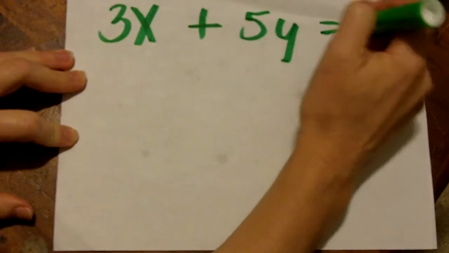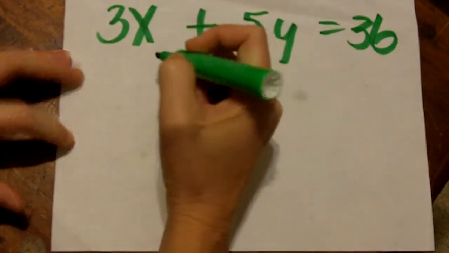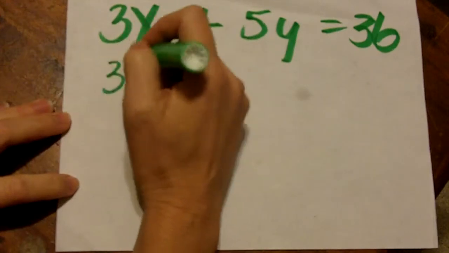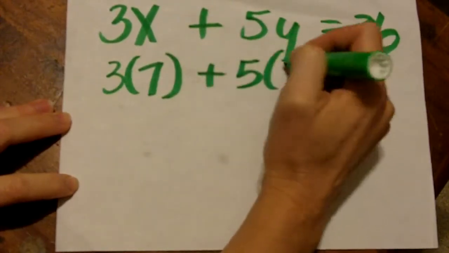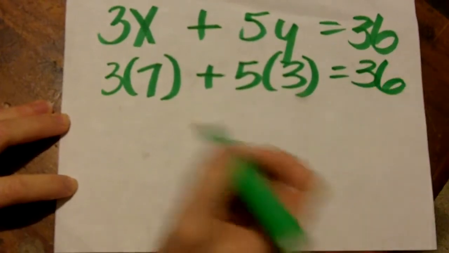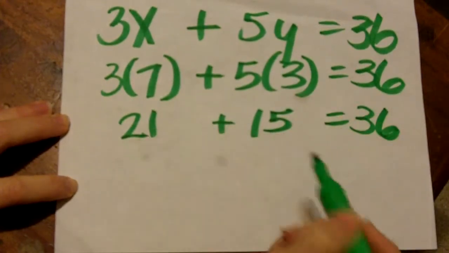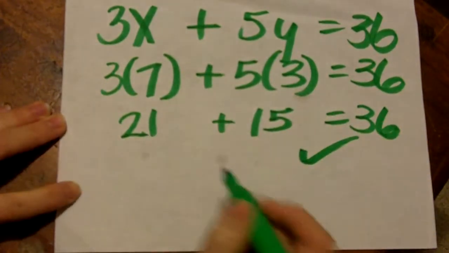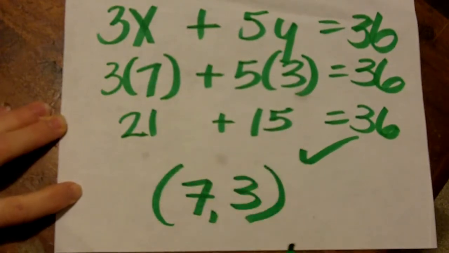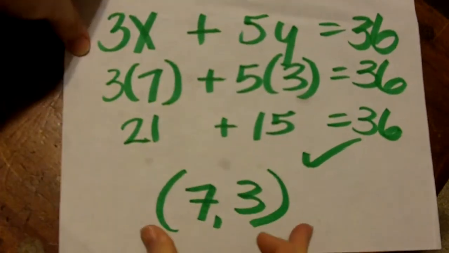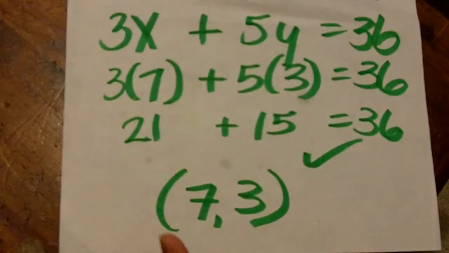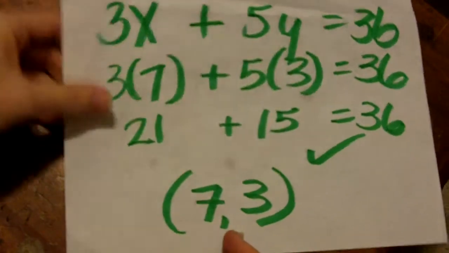If I substitute 7 for x and 3 for y, I have 21 plus 15 equals 36. 21 plus 15 does equal 36, so I know I'm correct. Therefore, I have found my answer, which is 7, 3. So you do have to go through more steps. You should be using a lot of paper. And yes, I am invested in the paper company, in case you're wondering.